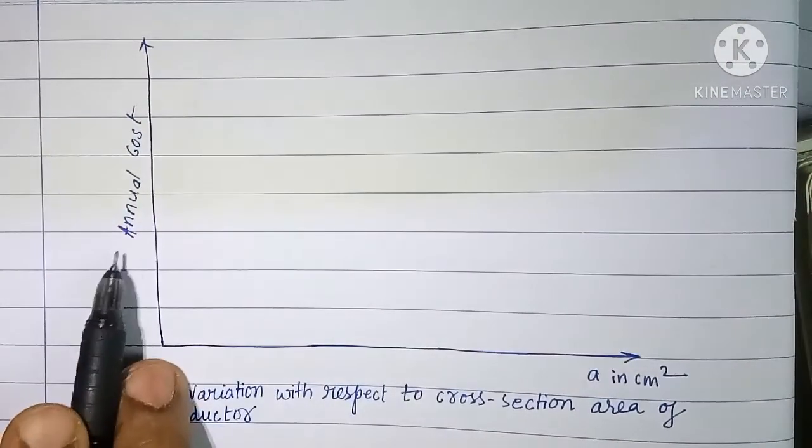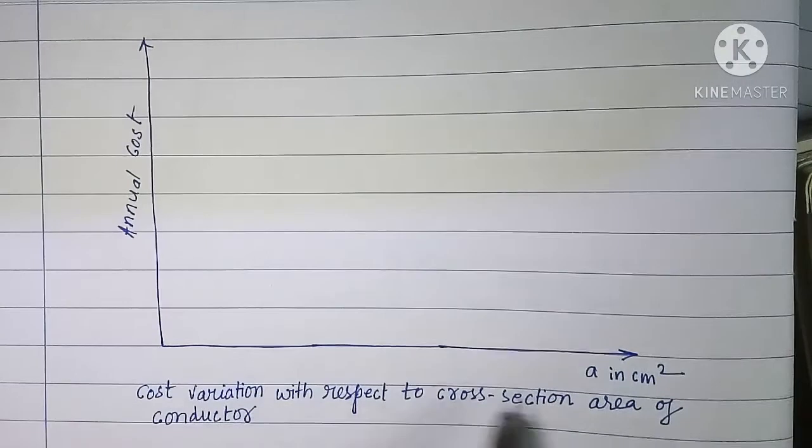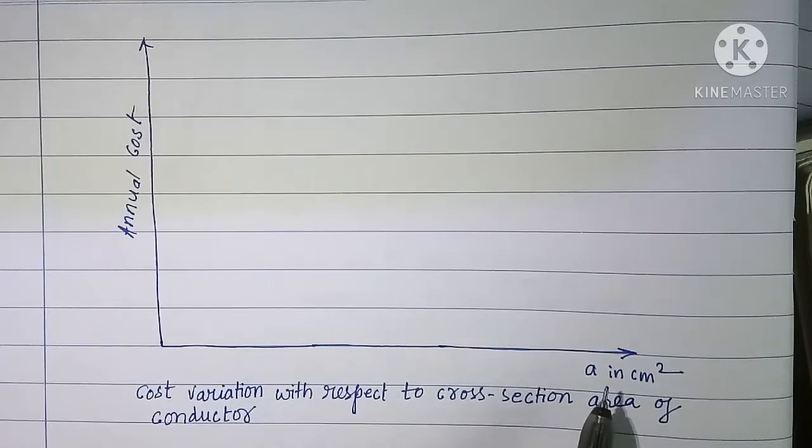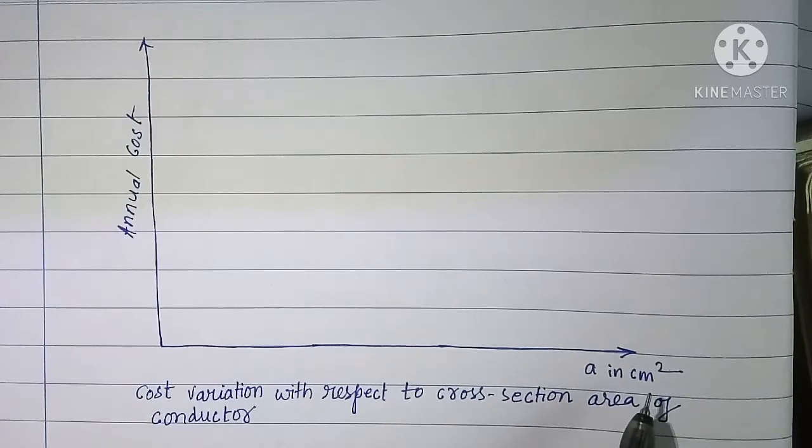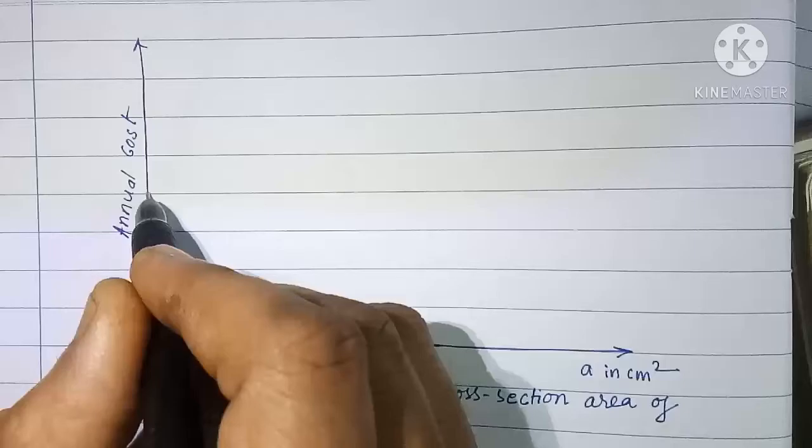Along y-axis annual cost is taken, and along x-axis area of cross section of conductor in centimeter square is taken.